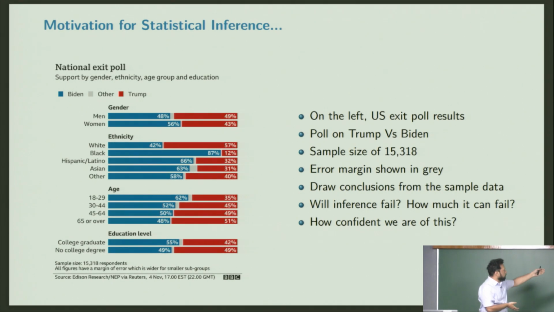In this case, a sample consists of a set of people, and exactly it's sample size 15,318. And we have quite a few things as well. Here we have shown error margin as well. If you see the error margin, these are the gray ones. It's hard to see. So sometimes in your estimate, you should also show some amount of error margin.